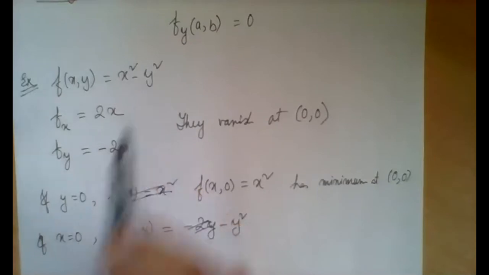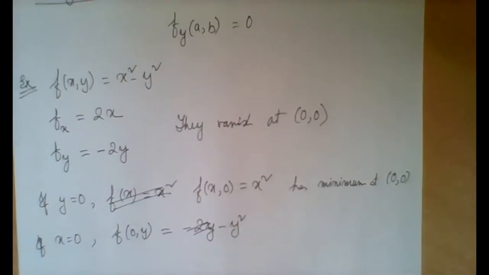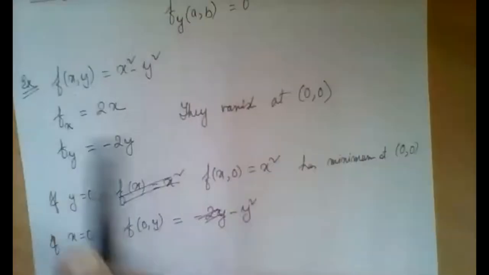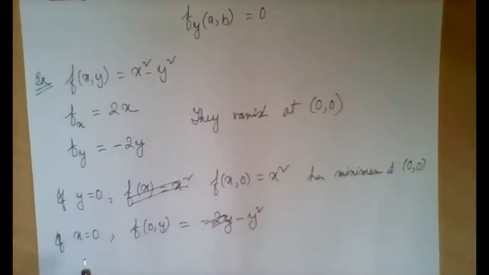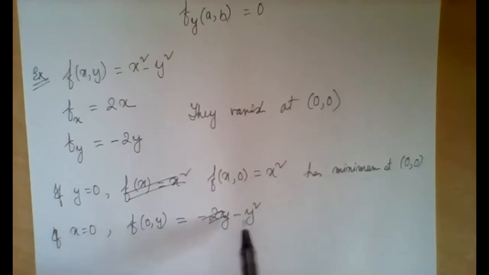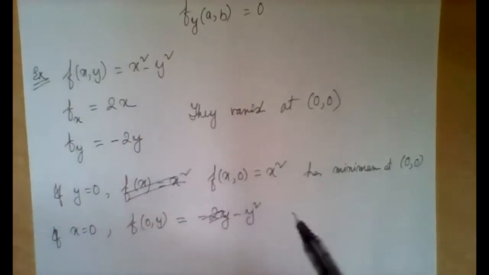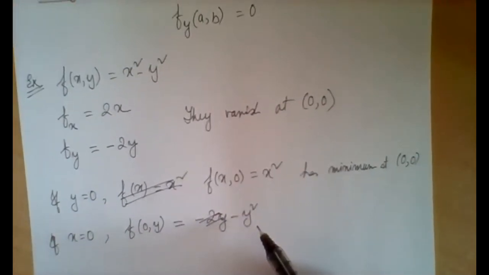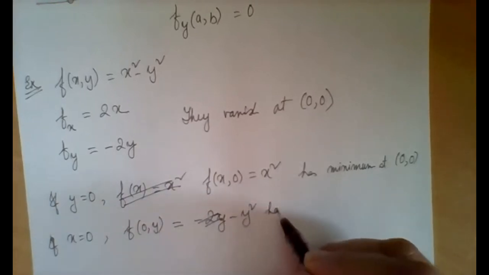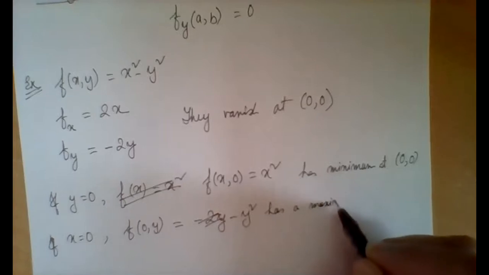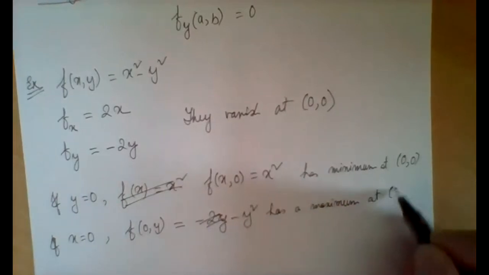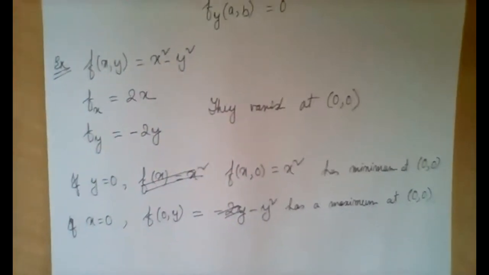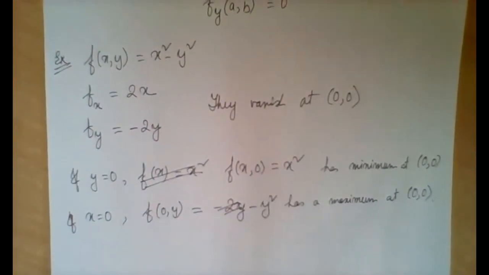When you put x equal to 0, this becomes minus y square. So when I consider this as a function of only y, keeping x equal to 0, the function becomes minus y square. And the function minus y square has a maximum at (0, 0).